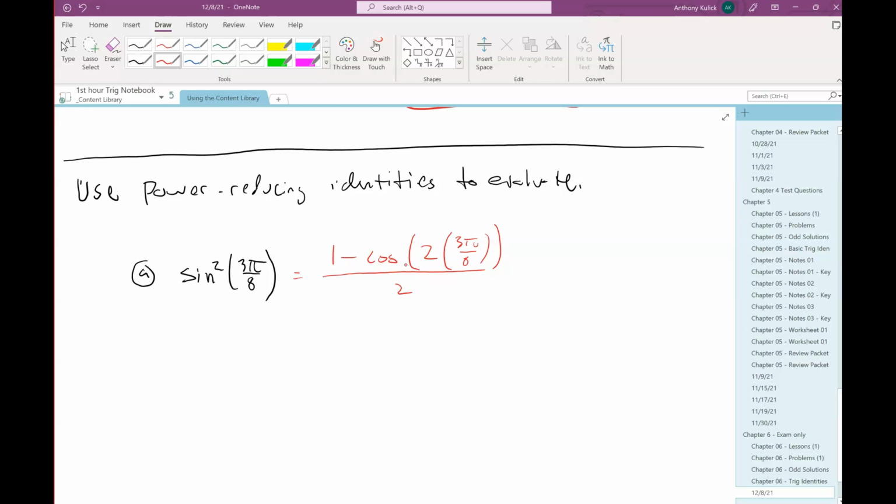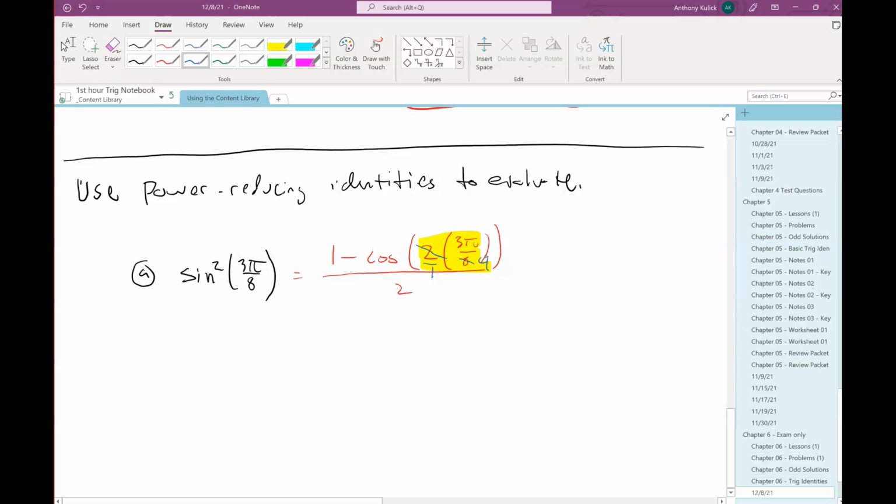So far, so good. Next thing I'm going to want to do is multiply here. I'm going to do this multiplication by thinking about 2 as 2 over 1, and then I'm just going to reduce as I multiply.